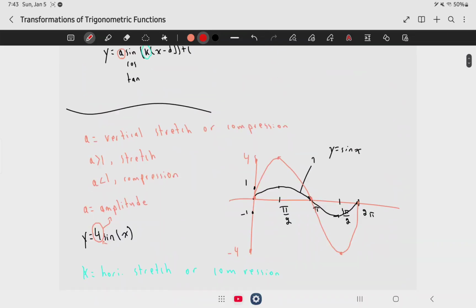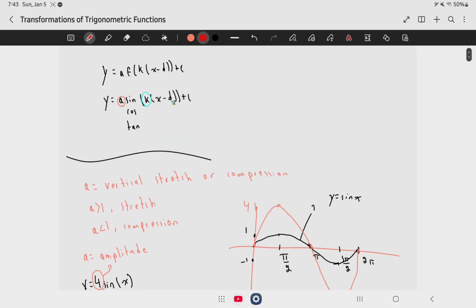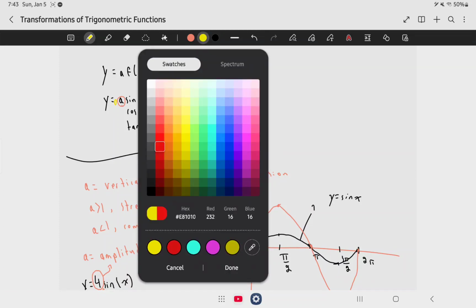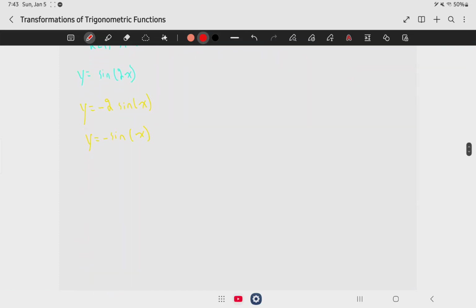Now the next thing we have is our phase shift, which is our d value. What the phase shift is, is basically a horizontal translation.